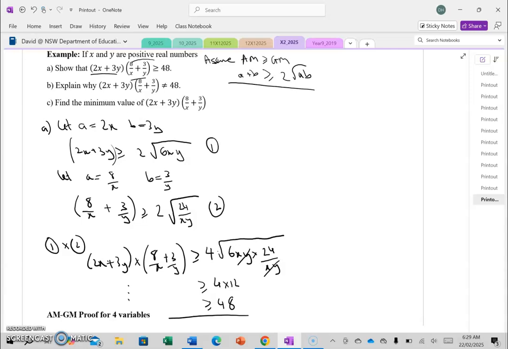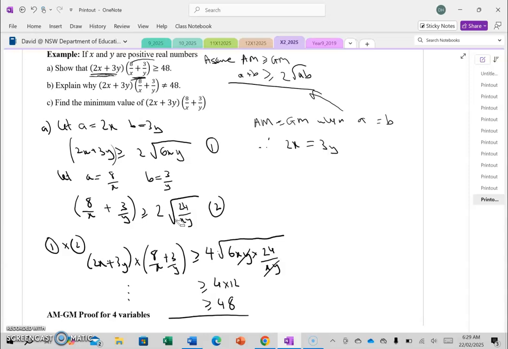So to equal 48, we would have to have, in both cases of using AM-GM, the numbers equaling. Remember, all the numbers in AM-GM have to equal each other. So AM equals GM when a equals b, right? So therefore we would have a situation where 2x equals 3y.